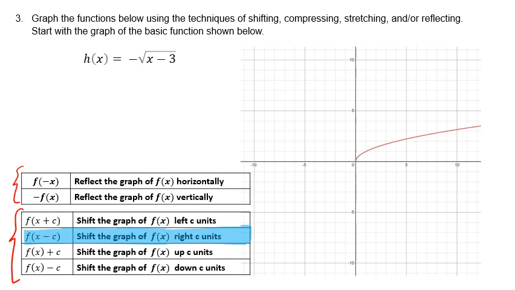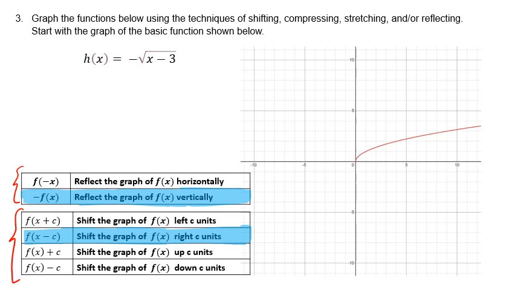In this case, we've got h of x equals a negative on the outside of the square root. So outside of the function. So this example has two different transformations.